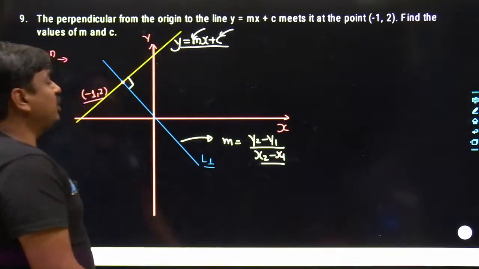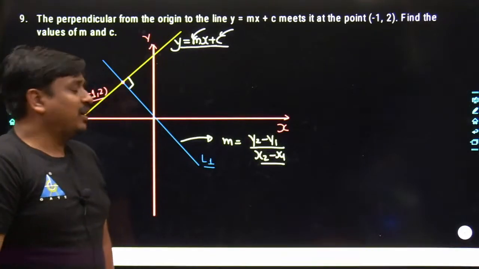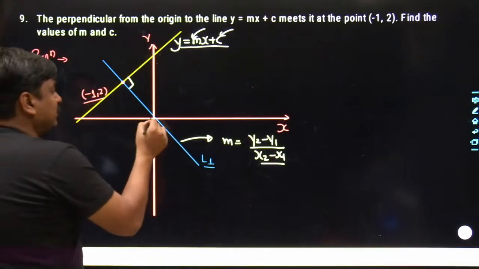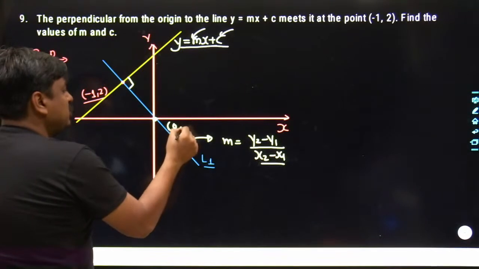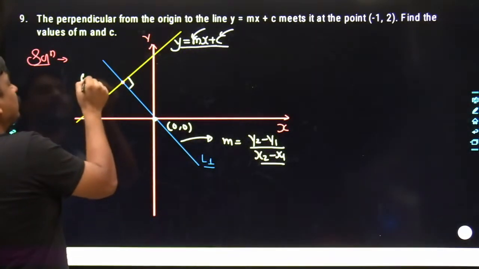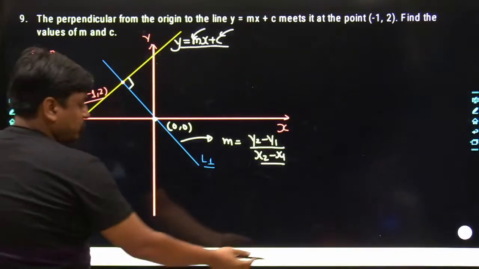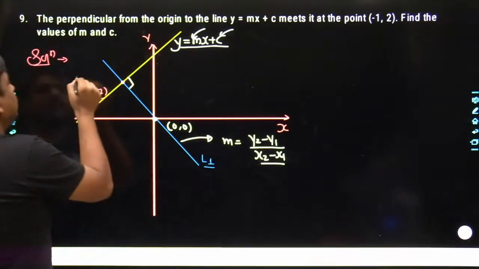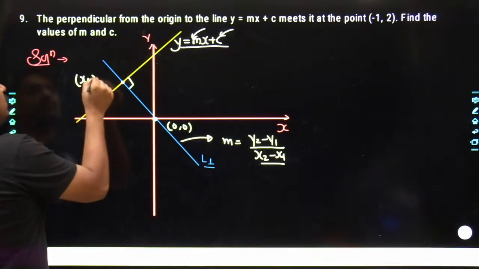You can take any point as the first point and any as the second. Let's take this as the second point, (0, 0), which is (x2, y2), and this as (x1, y1), which is (-1, 2).